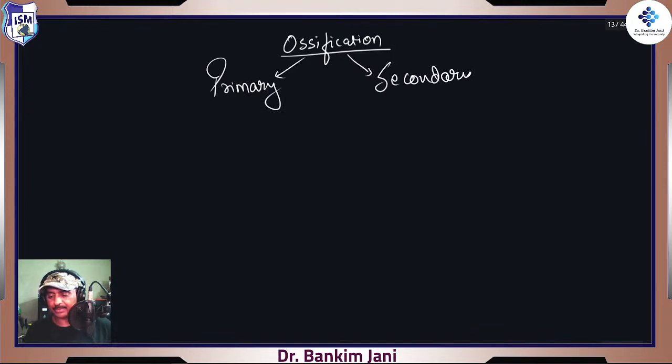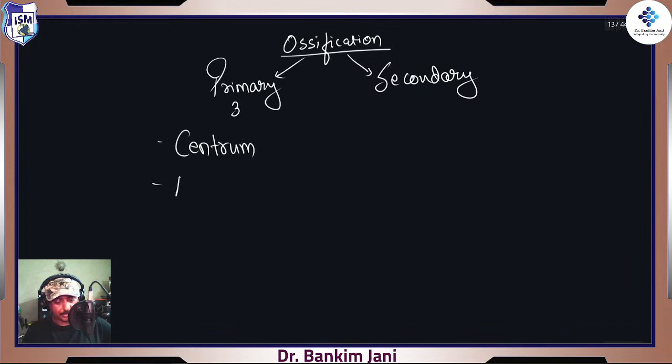Primary is something which is developing before birth. For these lumbar vertebrae, such a small vertebra and so many ossification centers, but that's the beauty. In this, there are three primary ossification centers. One is called the centrum. Centrum means just in the middle of the body.